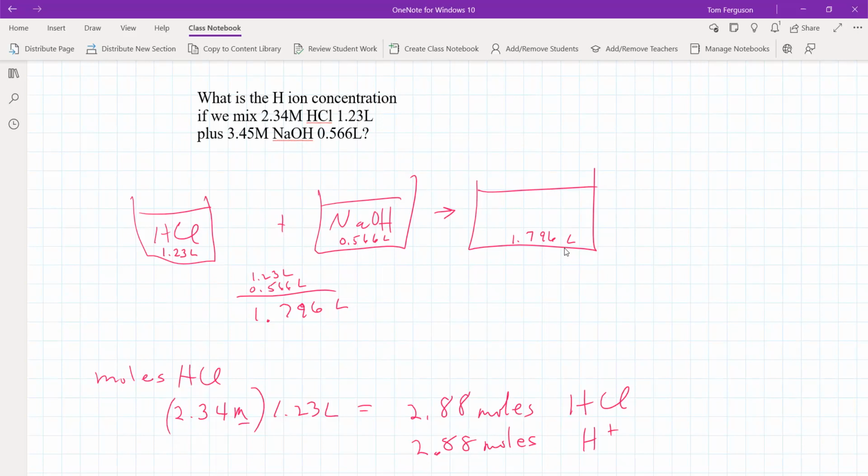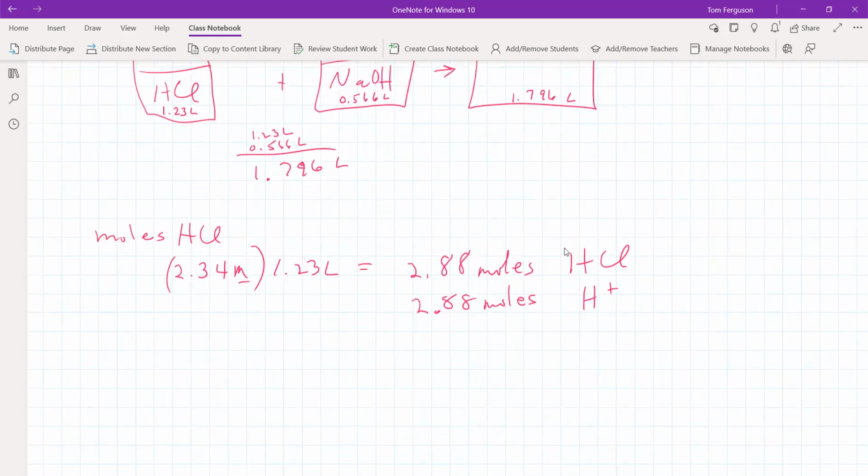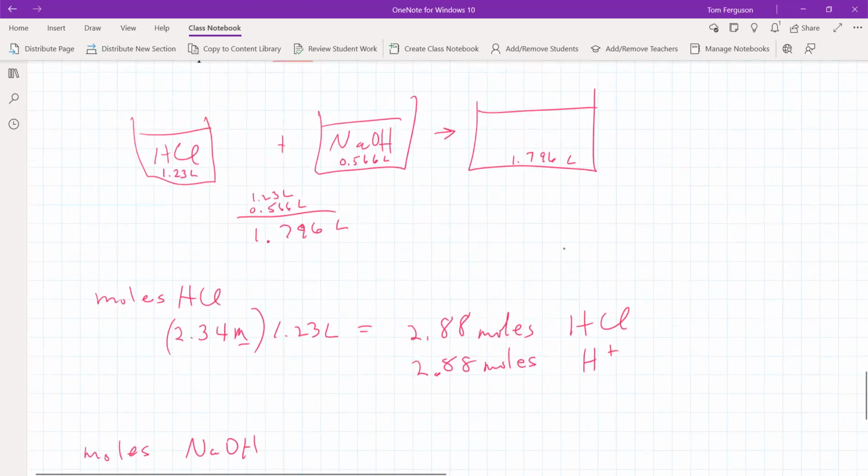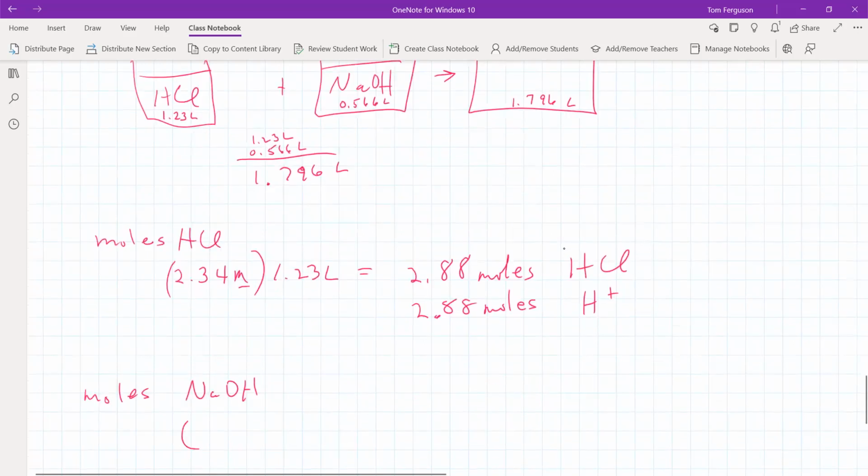Because remember, the HCl moles equals the H moles. Next step. Do the moles of sodium hydroxide the same way. .45.